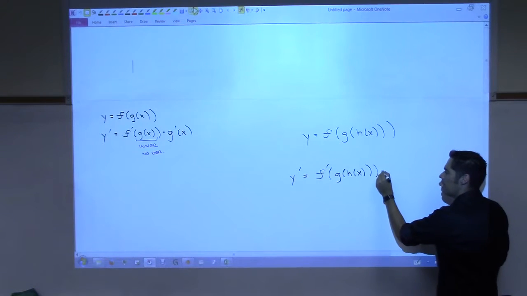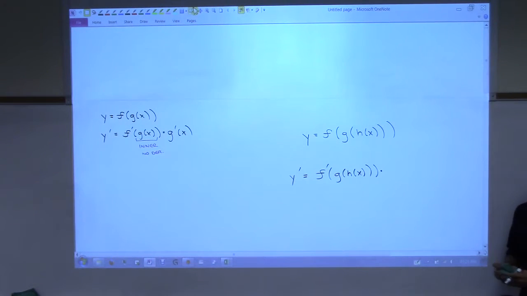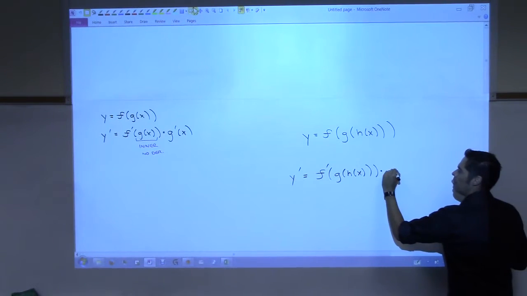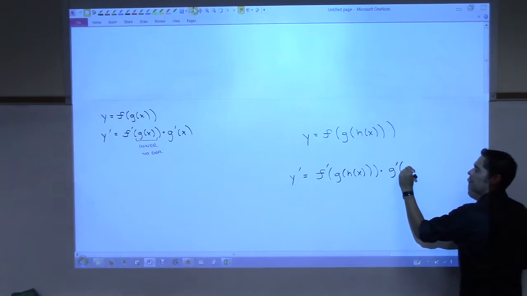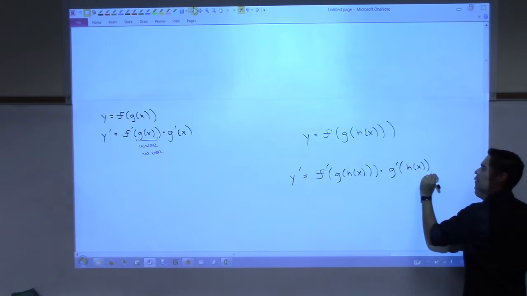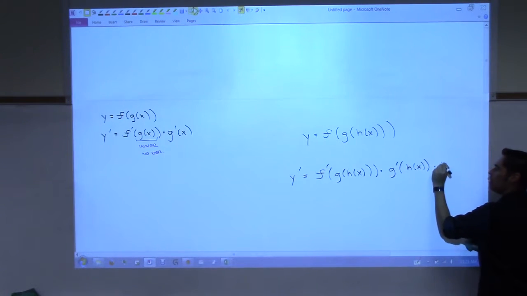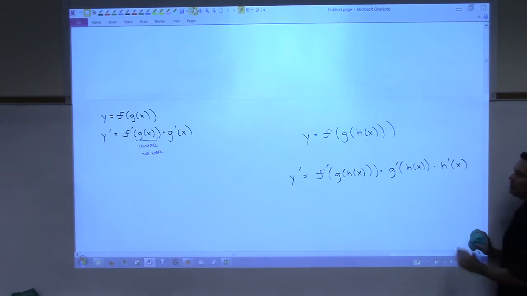Okay. Times now. What do you think? The first one, so it would be times just g of h of x? G prime. G prime would come next. G prime, and inside of that, h of x, and then times h prime of x.